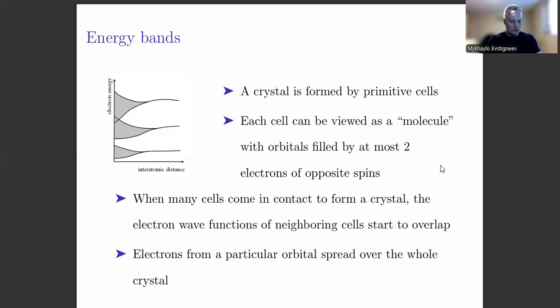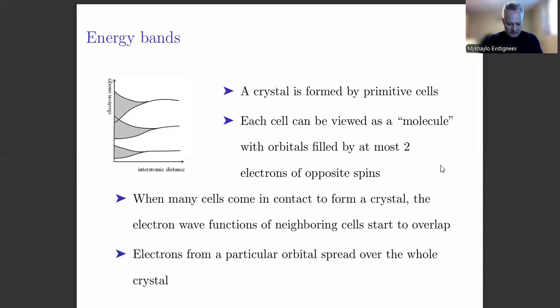A given orbital is defined by the orbital quantum number L and the magnetic quantum number M. Each orbital can accommodate two electrons of opposite spins, up and down.